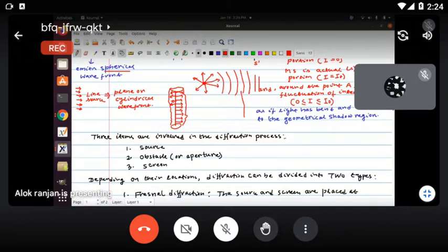But in old times, one scientist called Huygens proposed a principle, so we will study Huygens principle, about how light actually travels in a medium.